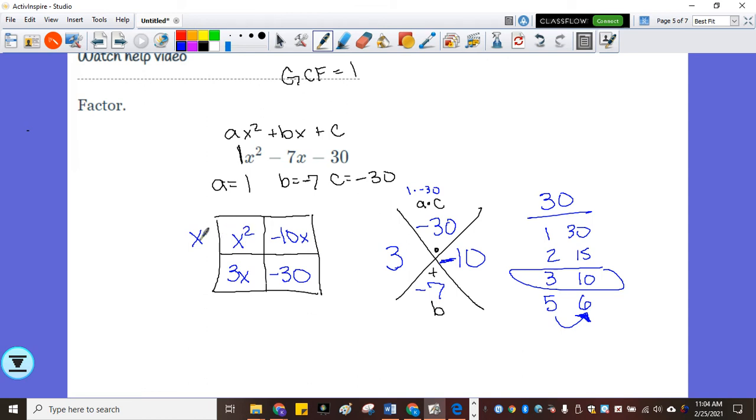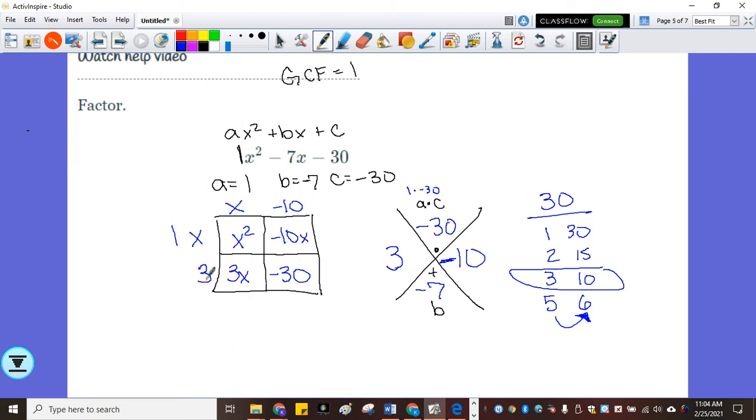X squared divided by x is 1x, and you can put the 1 there if you want. Having ones there is fine. So negative 10 divided by 1 is negative 10. 3 divided by 1 is 3.